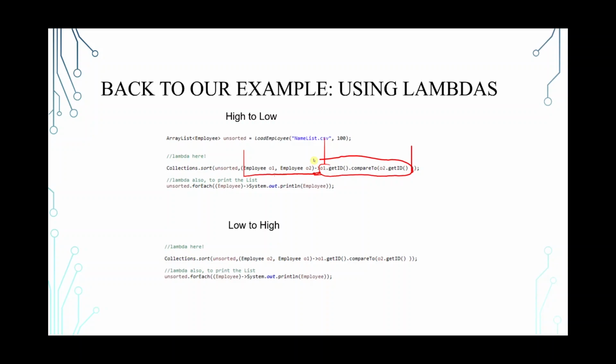This is high to low. Employee 1 is having an ID greater than employee 2. This is exactly the opposite. Low to high, we say employee 2, employee 1, opposed to employee 1 to employee 2.